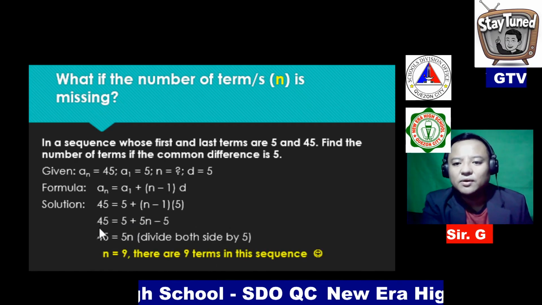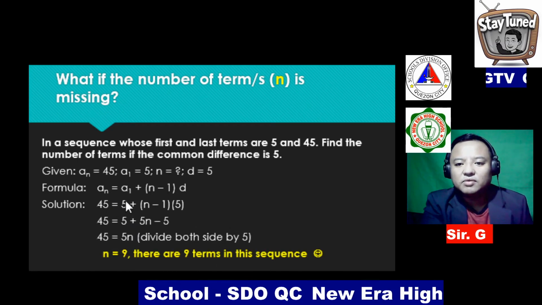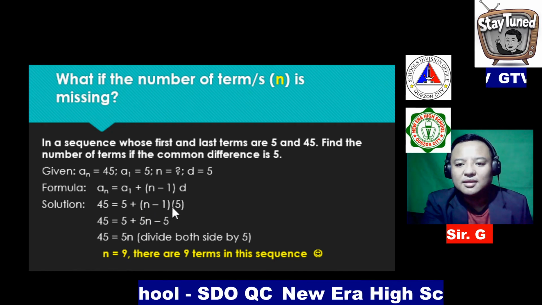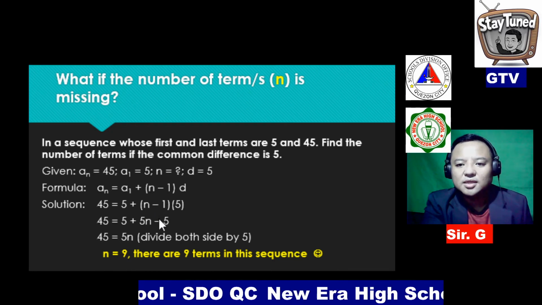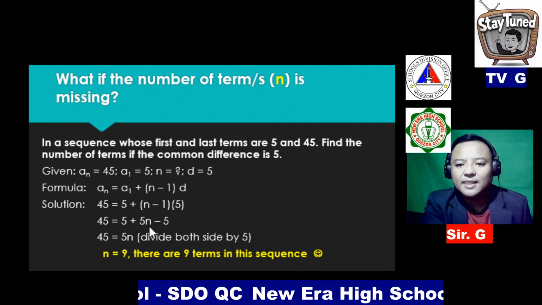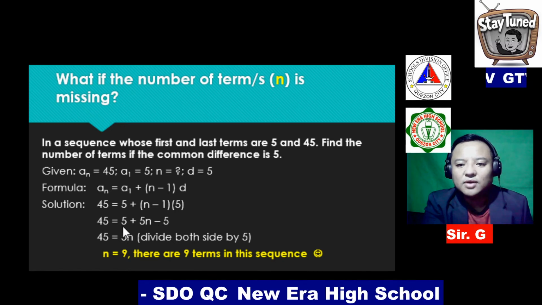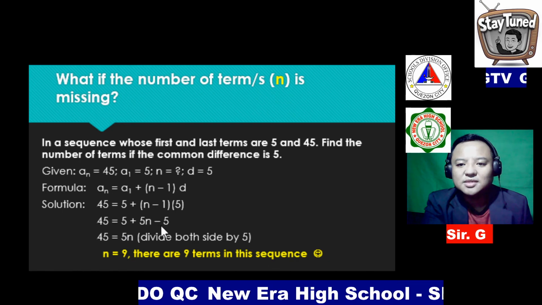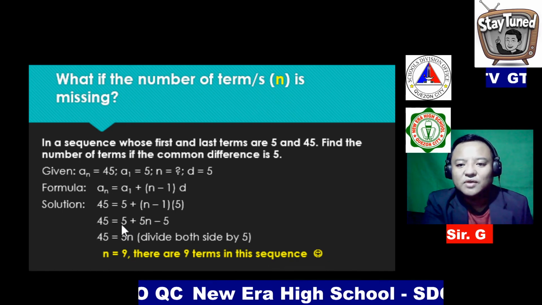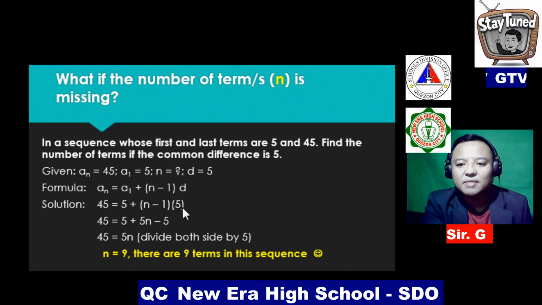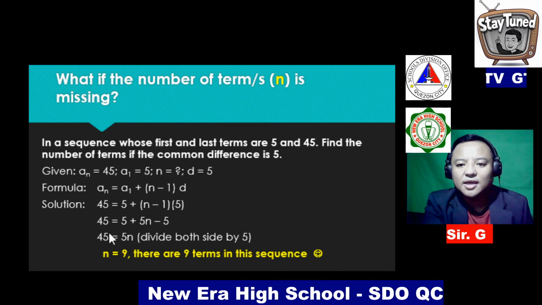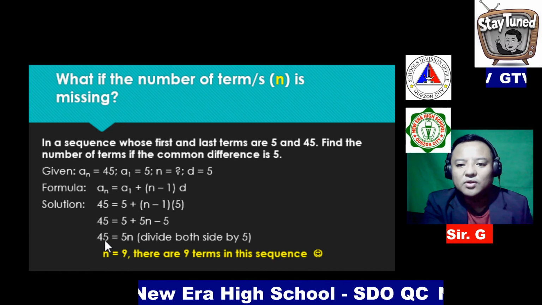So we arrive at 45 equals 5 plus 5n, and 5 times negative 1 is negative 5. Now, if you notice, we have opposites here. Positive 5 minus 5 is equal to 0, so we eliminate 5 and negative 5. What is left is 5n on the right and 45 on the left.